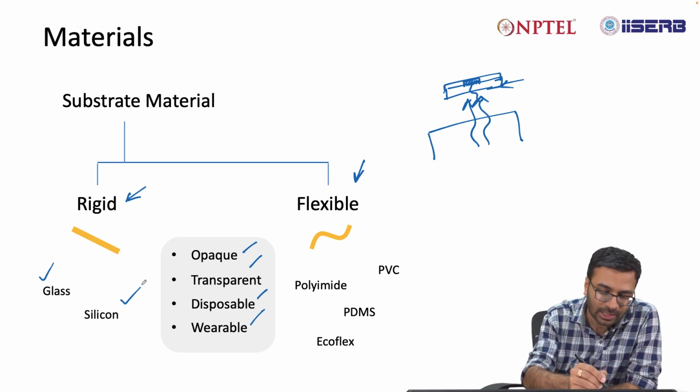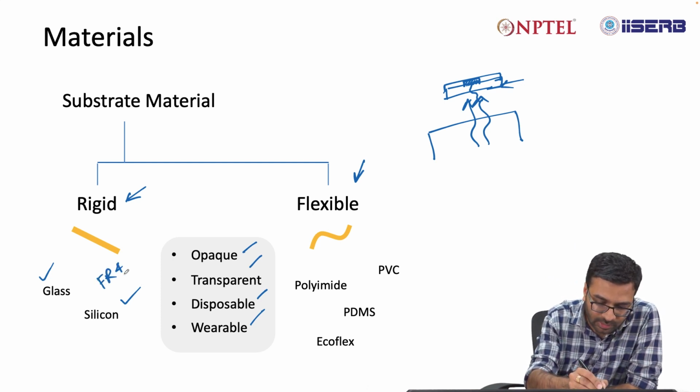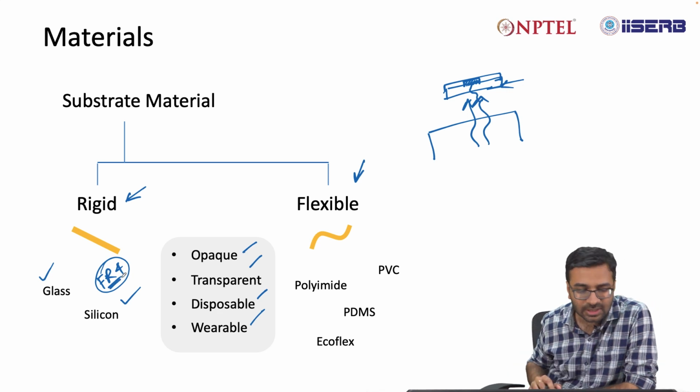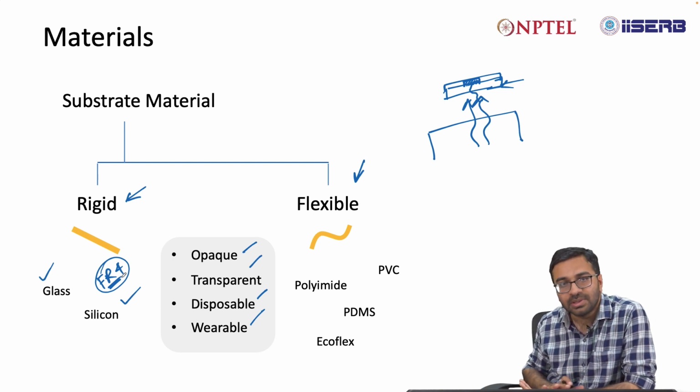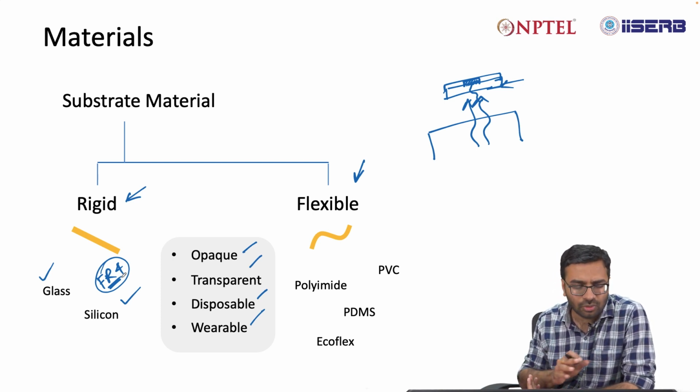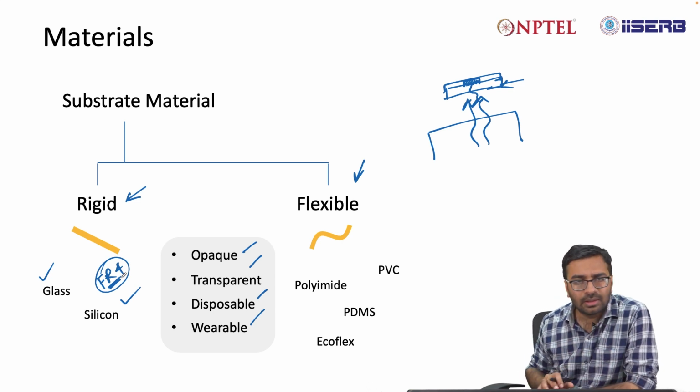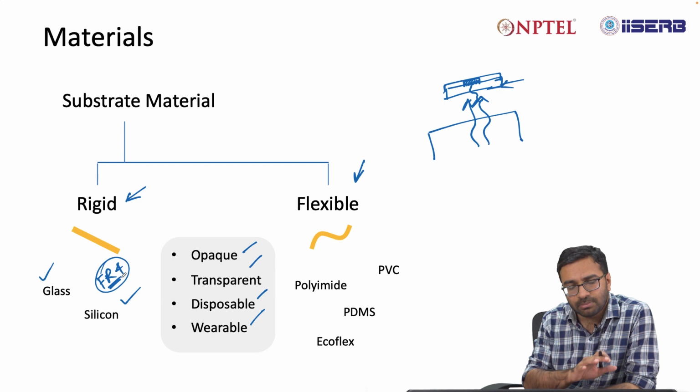You may also find, say, FR4. This is again not for a sensor specifically, but for circuits. FR4 is a very good substrate for making PCBs, and so on. You may find other examples as well, but I am giving the popular examples here.